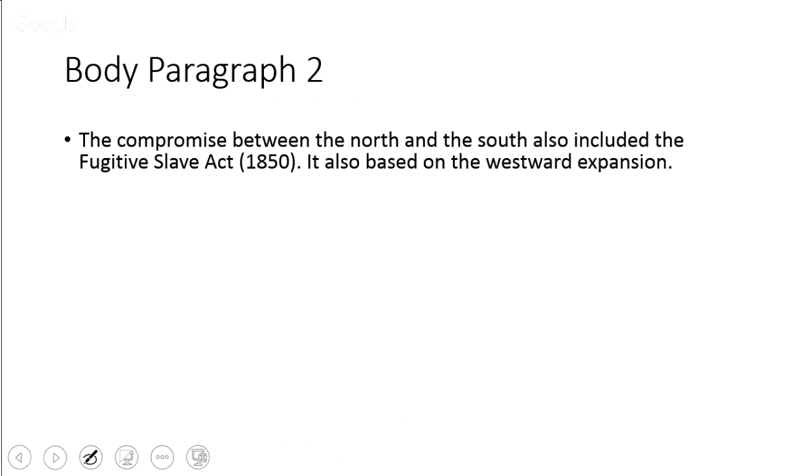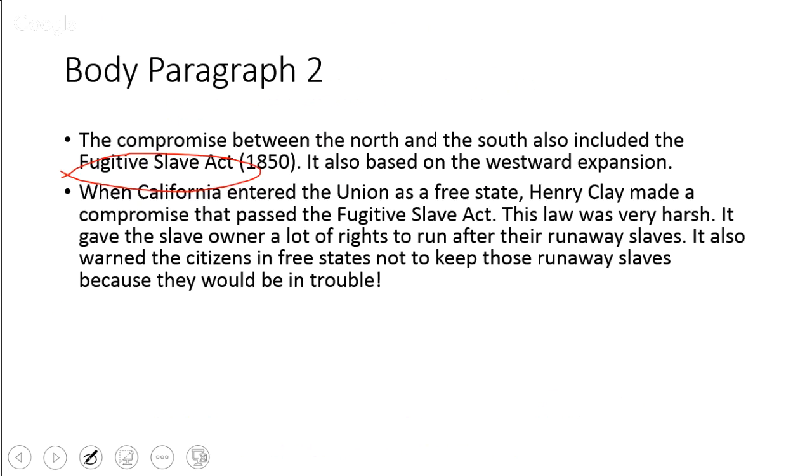Body paragraph 2. The compromise between the North and the South also included the Fugitive Slave Act. It was also based on the westward expansion. So when we talk about the Fugitive Slave Act, fugitive means run away.